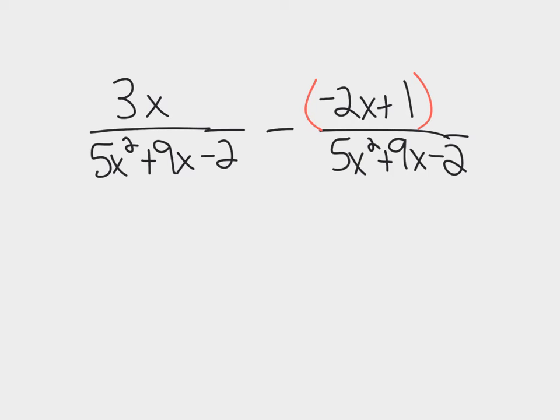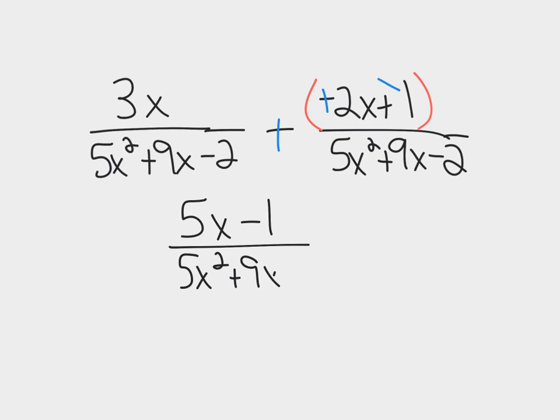So once again, this one they're subtracting. Notice the sign in between, subtracting. So subtracting means we're going to need to add the opposites here. Watch your signs. So then this would give us 5x minus 1 over 5x squared plus 9x minus 2.